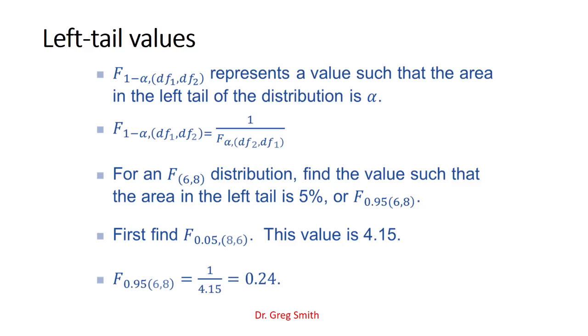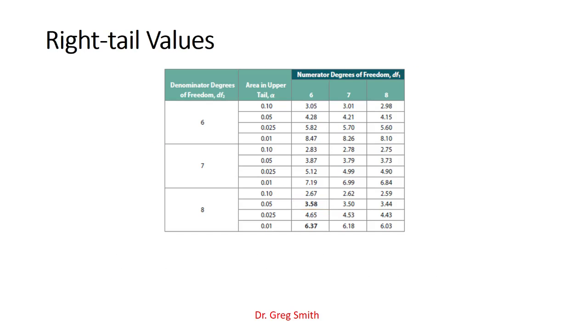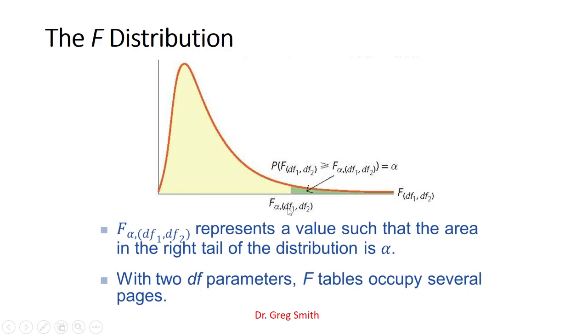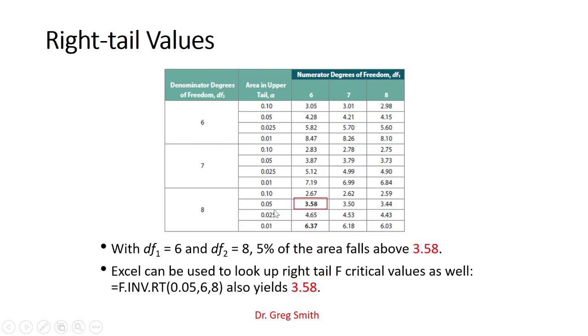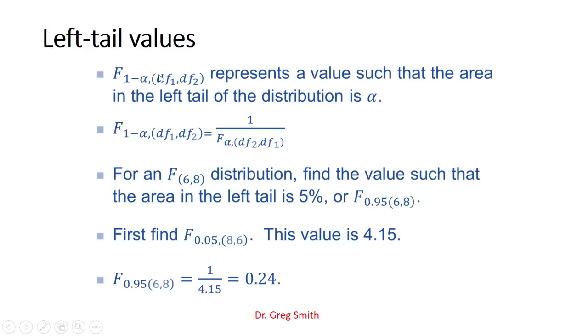Left tail gets a little complicated. Just to reflect: degrees of freedom 1, degrees of freedom 2, and alpha is the right tail. For the left tail, it's 1 minus alpha, degrees of freedom 1, degrees of freedom 2. So it's a lot like the chi-square. However, to calculate it, this is where it gets a little crazy.